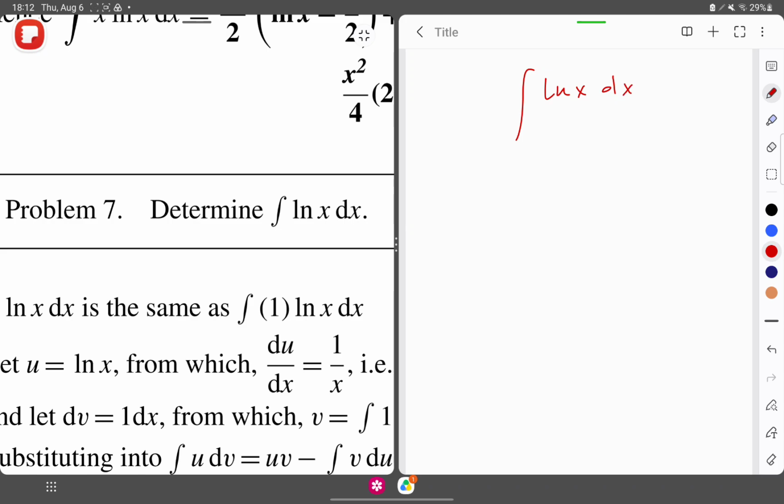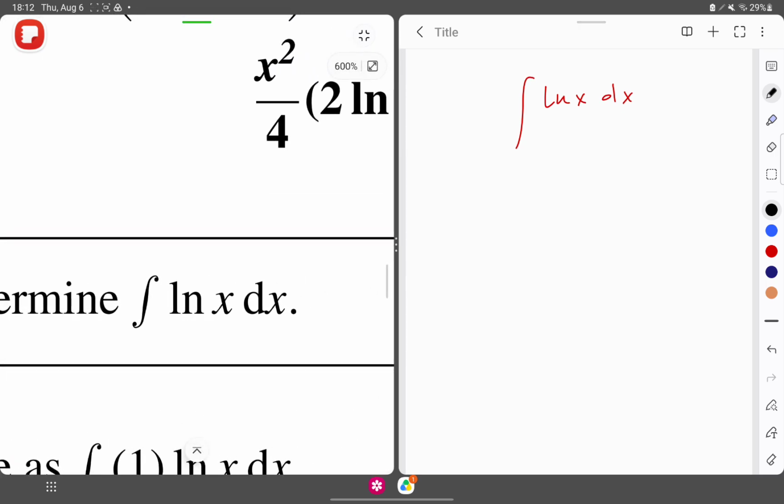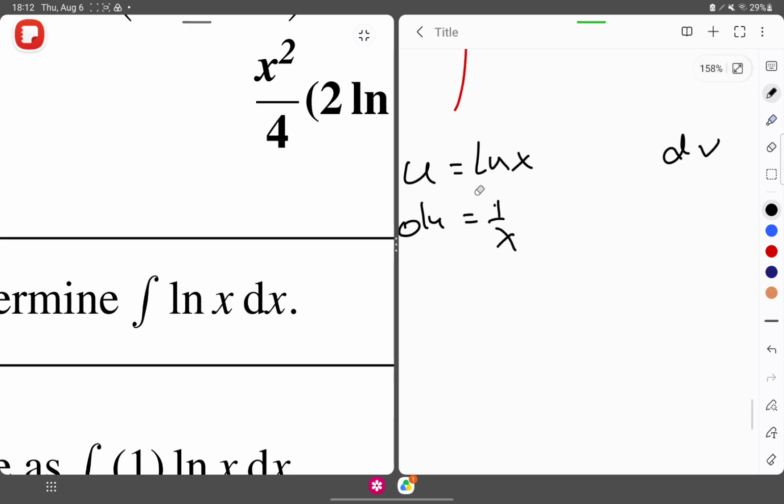We need to use the u and dv formula. Our u is ln x, and du will be 1 over x dx.